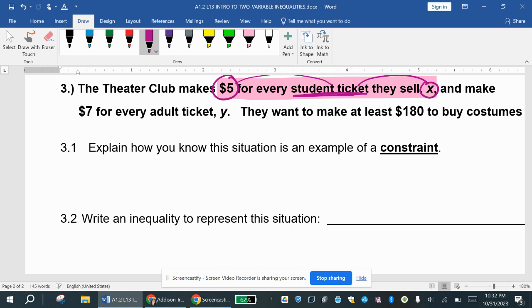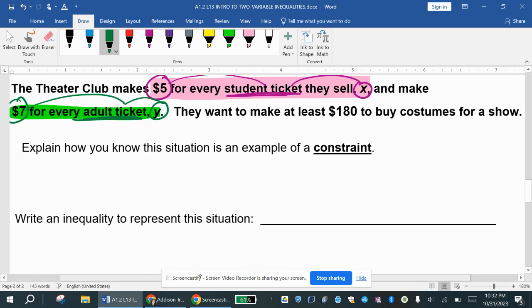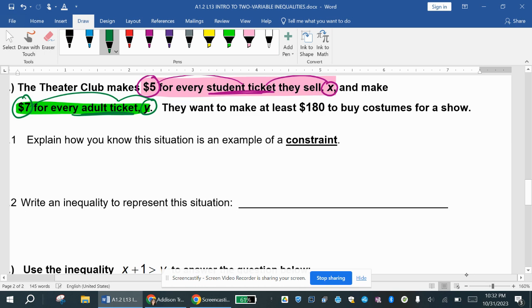So all these things are related. Then we're also talking about adult tickets and they want us to use Y to represent the adult tickets. So the theater club wants to buy costumes for a show. So they want to make at least $180.